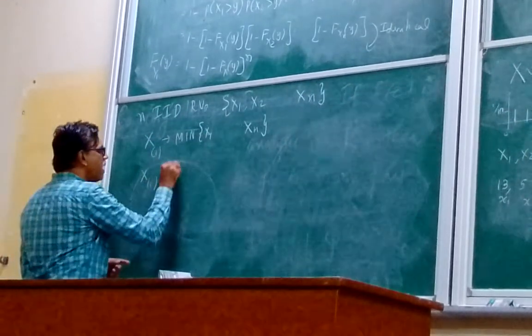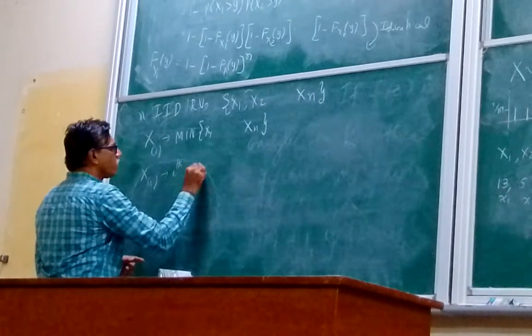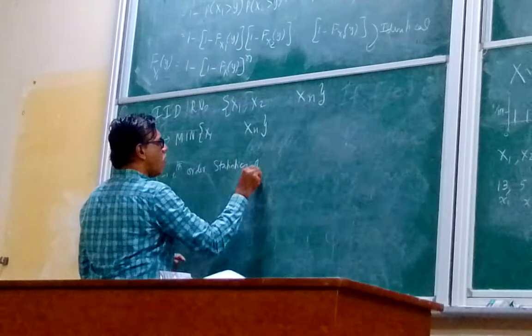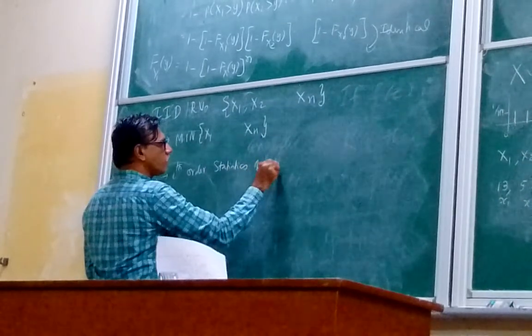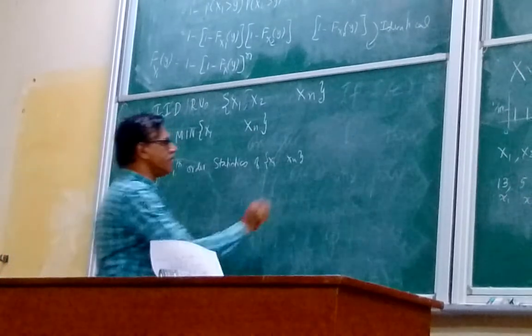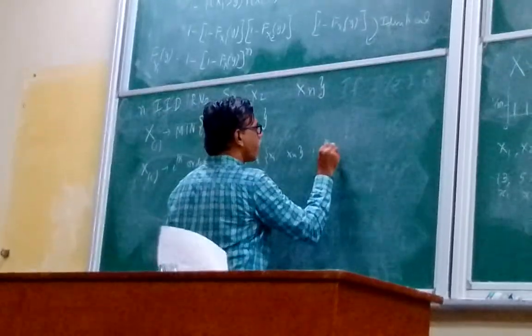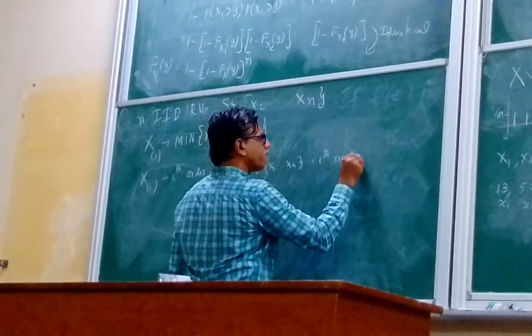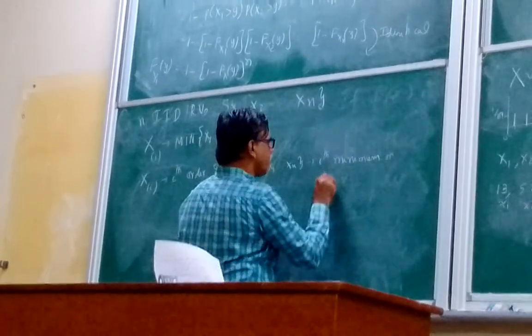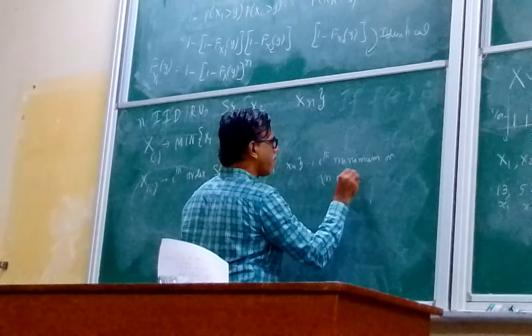How do we call it? The ith order statistic of x1 to xn. What we really mean is that it is the ith minimum, or the n minus ith maximum.